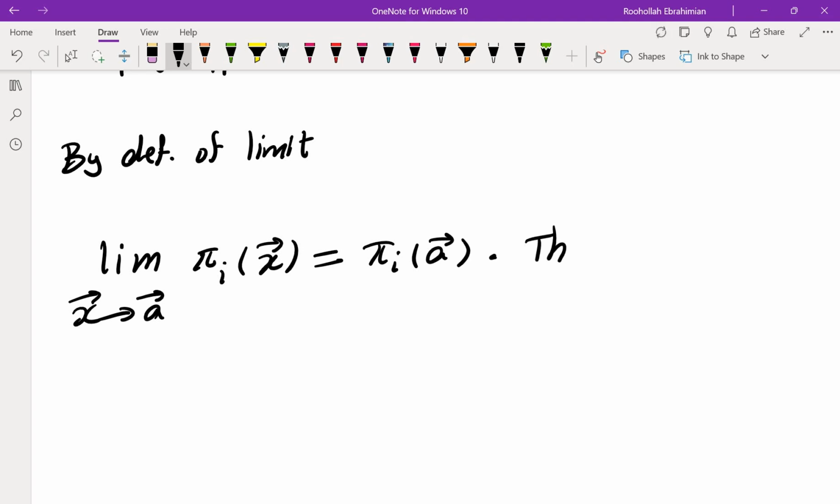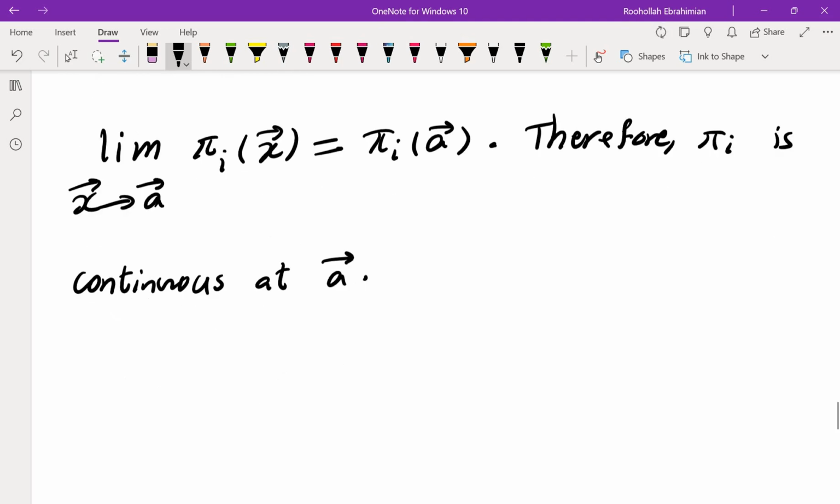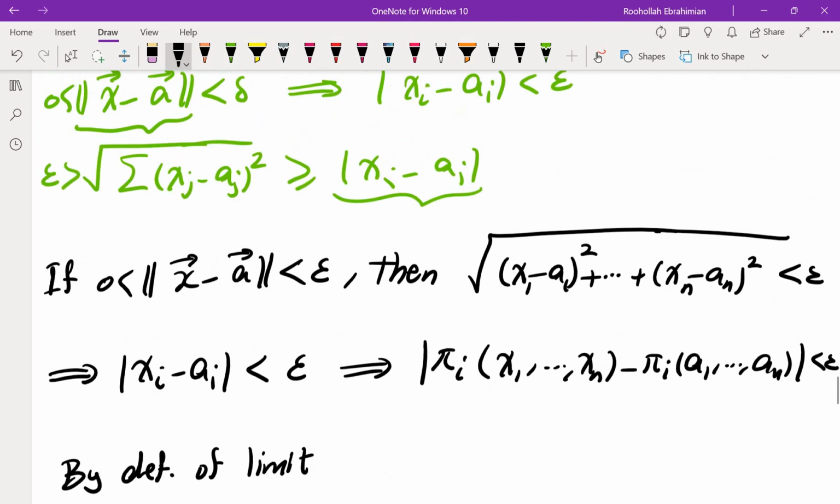And therefore, pi i is in fact continuous at a. So it's continuous at every point, therefore it's continuous on the domain. Thus, pi i is continuous on its domain Rn. So that's the first one.